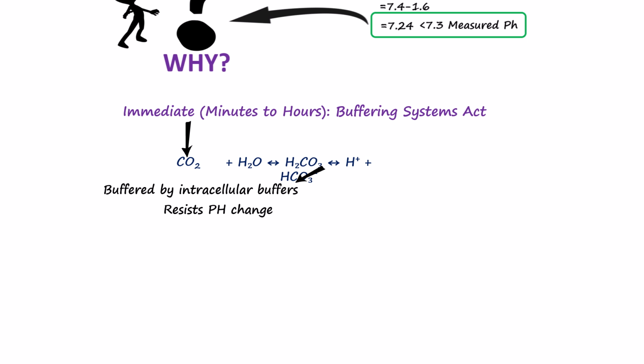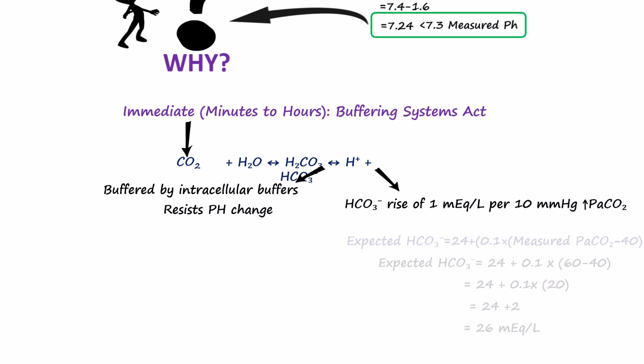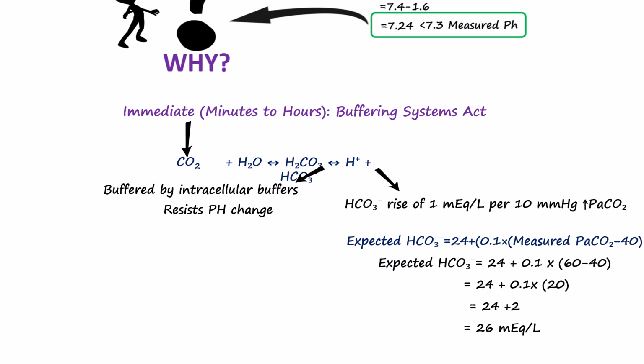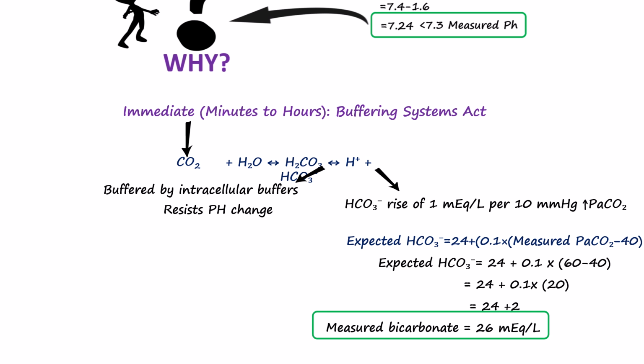Also, along with it, the intracellular buffer system causes the newly formed bicarbonate to compensate for the pH drop. This is the reason why a small compensation with a bicarbonate rise of 1 mEq per liter per 10 mmHg PaCO2 rise occurs in acute respiratory acidosis. Again, for this, we have used a formula to calculate expected bicarbonate and got 26 mEq per liter as expected bicarb, which exactly matched our measured value.